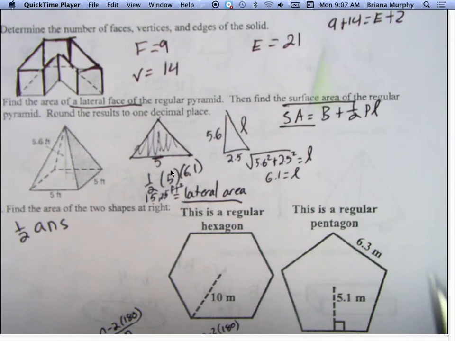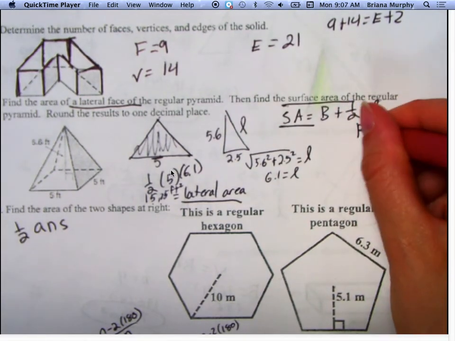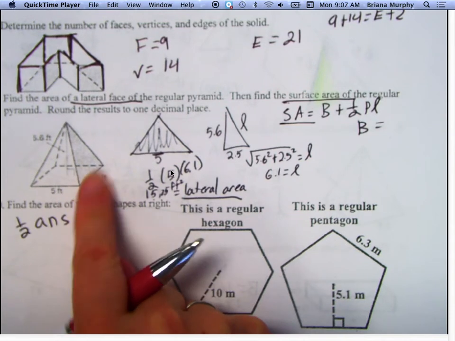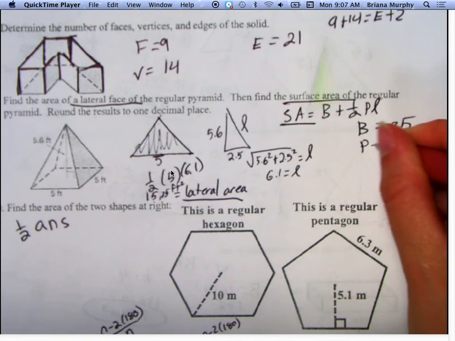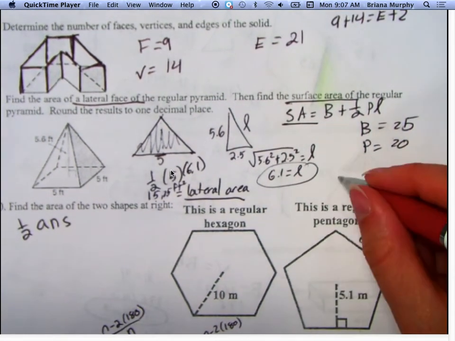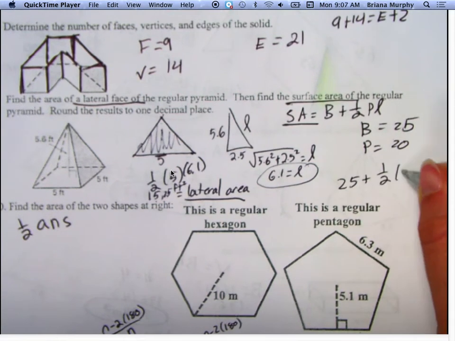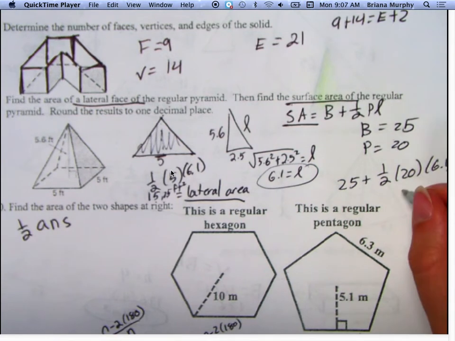Then we need to find the actual surface area. So what's the area of the base of this pyramid? 5 times 5 is 25. What's the perimeter? 20. And we already know the slant height is 6.1. So then we just plug it in: area of the base plus 1/2 the perimeter, 20, times the slant height, 6.1. And we get 86 feet squared as our answer.